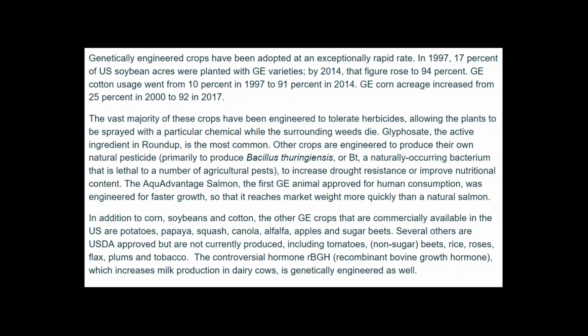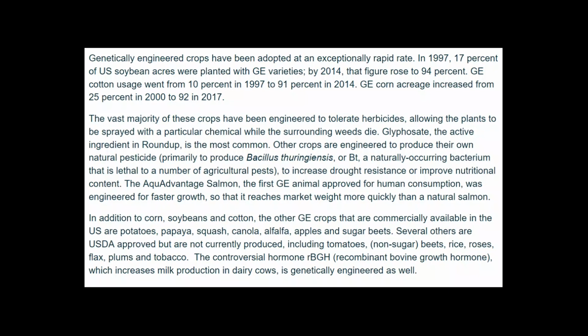Other crops are engineered to produce their own natural pesticide, primarily to produce Bacillus thuringiensis, or Bt, a naturally occurring bacterium that is lethal to a number of pests. We call it Bt corn. It increases drought resistance to improve nutritional content. So that Bt corn is a sustainable one.